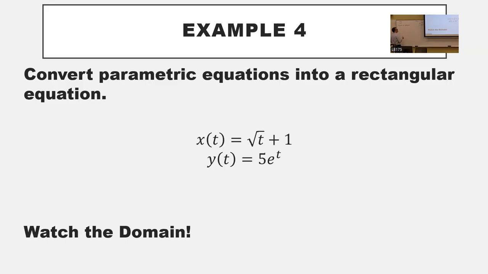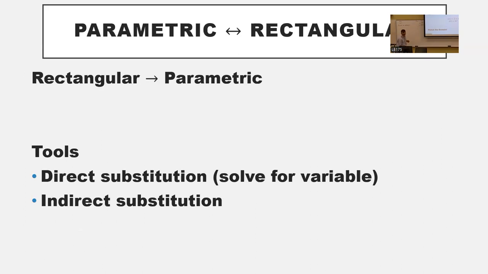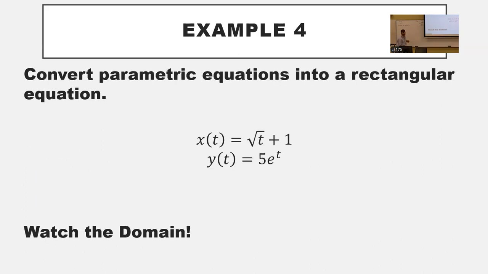Let's do another example. Let's do here this example 4. It was 3. All right. X is equal to the square root of t plus 1. And y is equal to 5e to the t power.